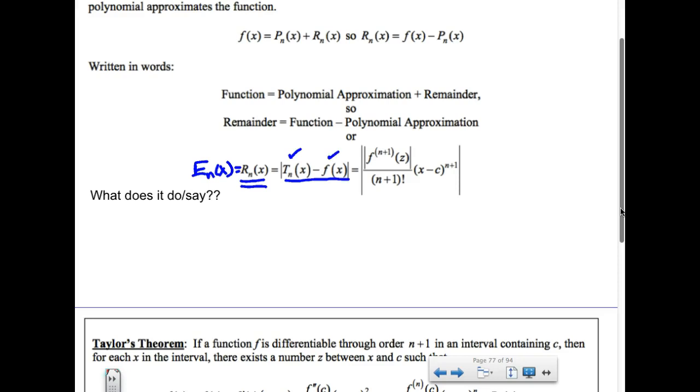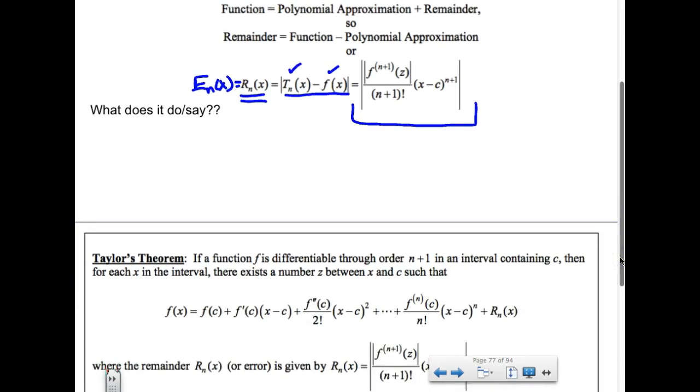That makes sense. The total minus my approximation gives me the error. And he came up with this formula for it. What does that formula actually say? We'll get down to that in just a minute, but you'll notice that what we've got here is n plus 1 factorial, the n plus 1th derivative, and the n plus 1th degree.